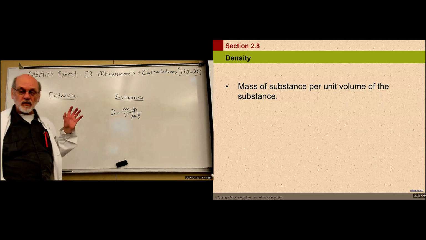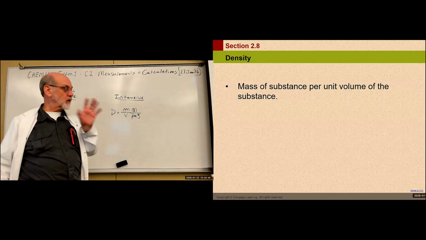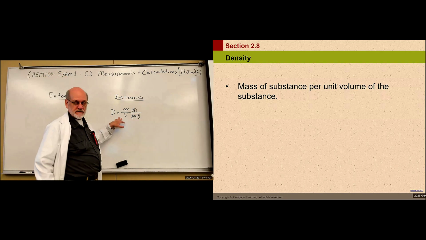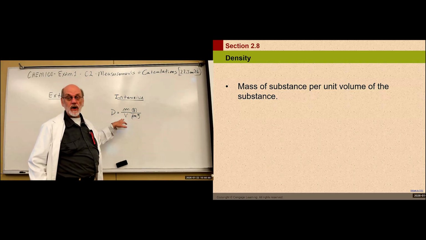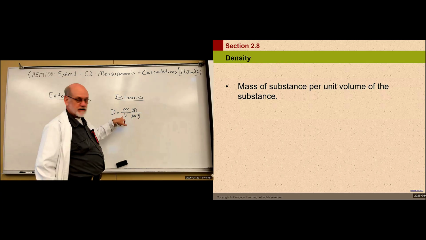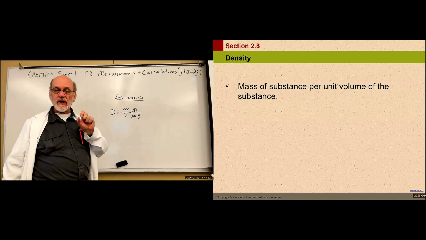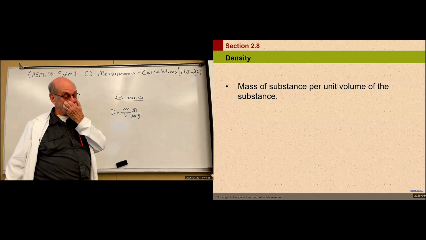The other reason we're going to look at density is for its utility as an equation. This equation has 1, 2, 3 unknowns. If we know 2 of them, we can solve for the third one.